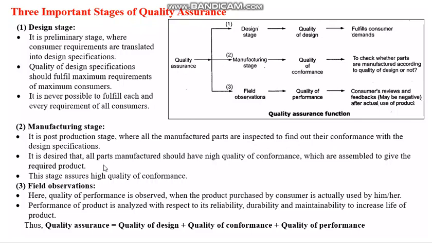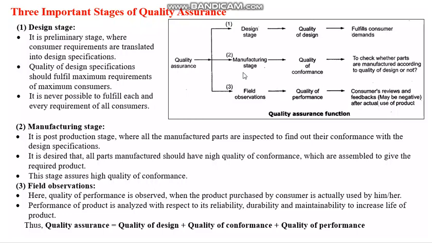Okay, so it is desired that all those parts which are manufactured should have high quality of conformance, which are assembled to give the required product. This stage assures high quality of conformance. As we have seen, these three terms: quality of design, quality of conformance, and quality of performance.